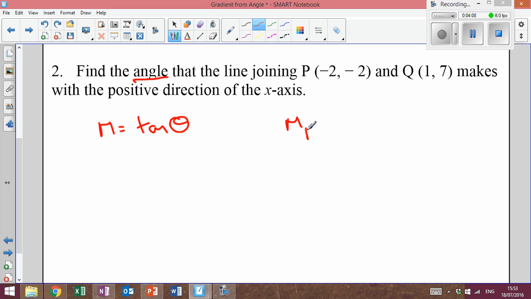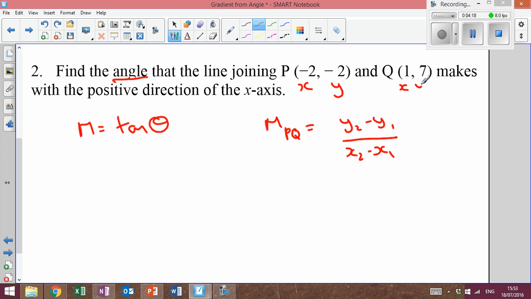We know from PQ we can use y2 minus y1 over x2 minus x1. So that's x1, y1 and x2, y2. So it's going to be 7 subtract negative 2 over 1 subtract negative 2. That's 9 over 3, so that's just going to be 3.